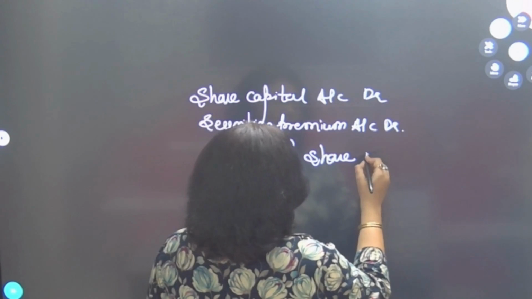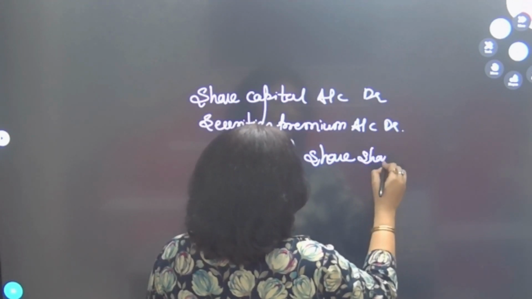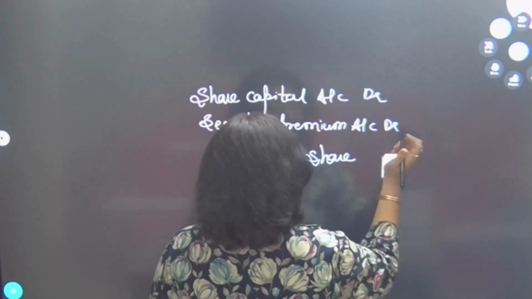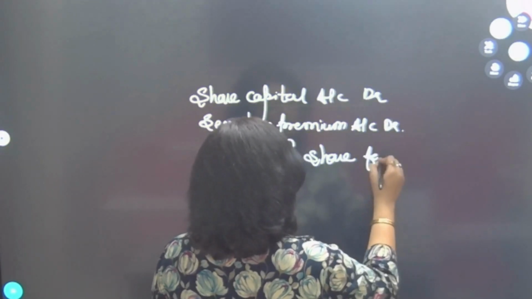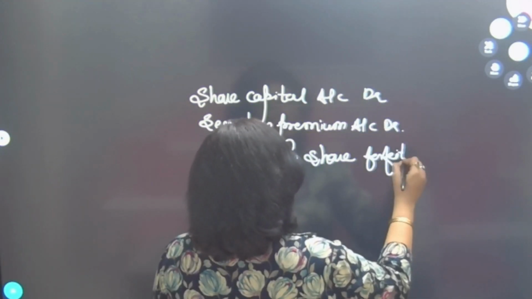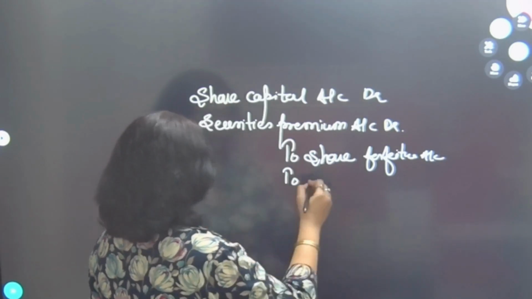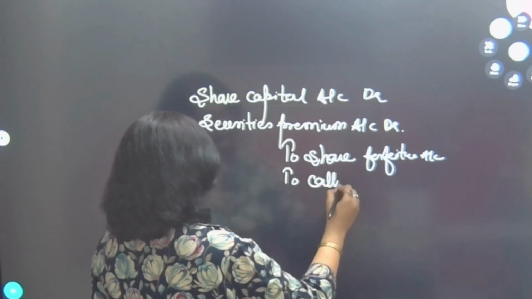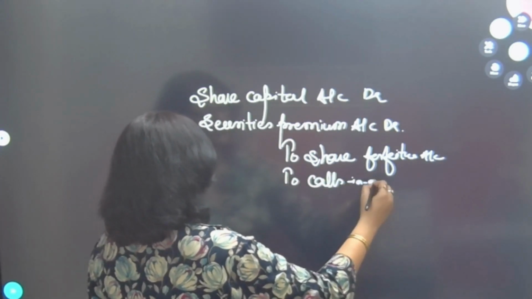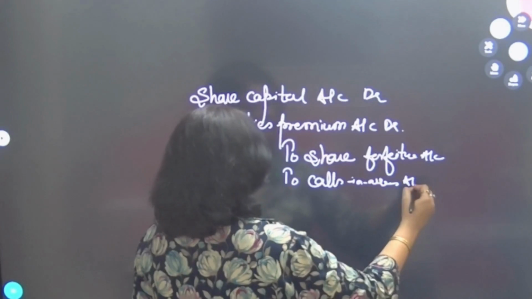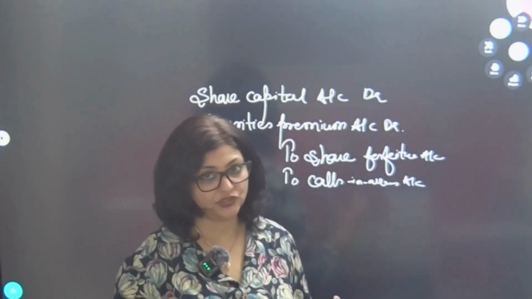So share capital is debited, securities premium is debited, and share forfeiture is being credited. Share forfeiture account will be credited with the amount received by the company, and calls in arrears. Calls in arrears is that amount which is not being paid by shareholder.